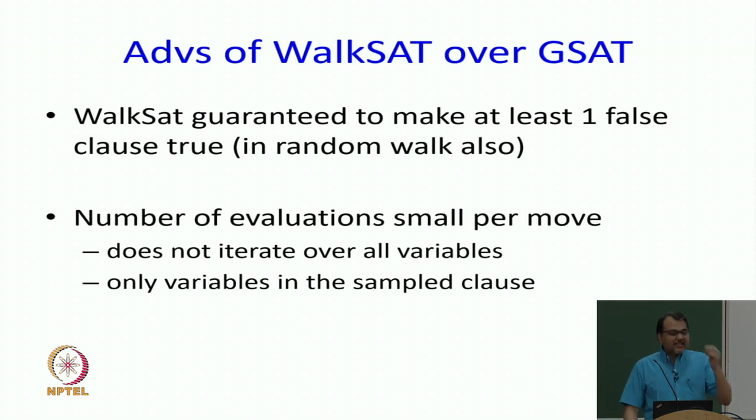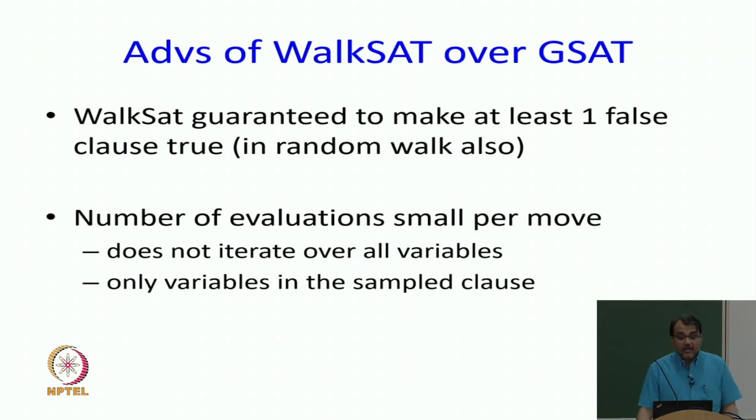Because it does not iterate over all unsatisfied clauses, you only iterate over variables in one sampled clause, therefore the number of evaluations is extremely small per move, possibly at the cost of the greedy step, but it still makes one unsatisfied clause true, which it needs to do for all the clauses. So it's not clear that that is a mistake.